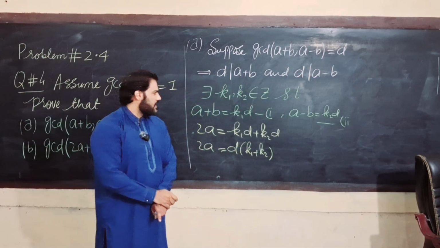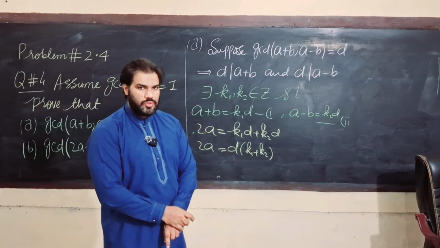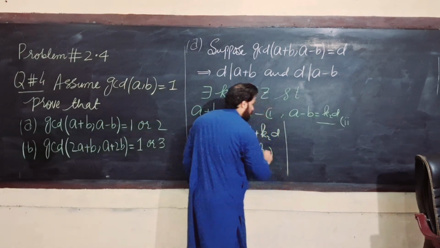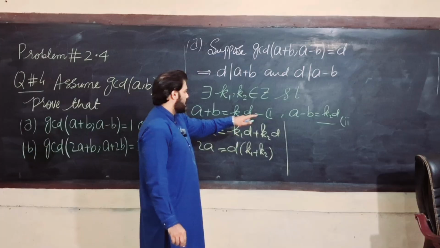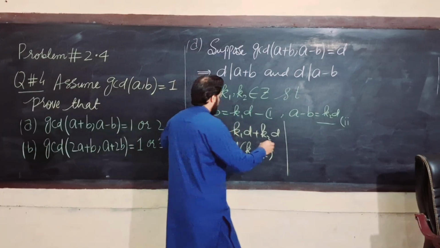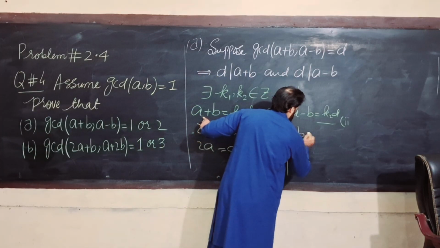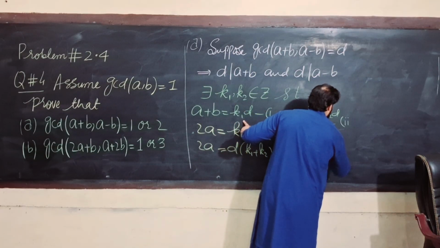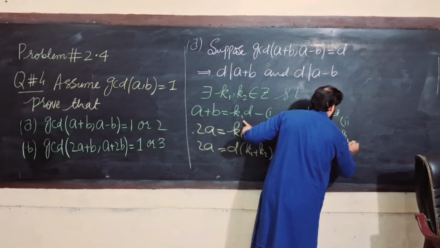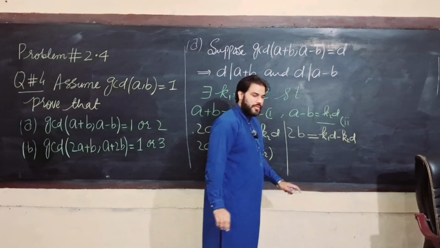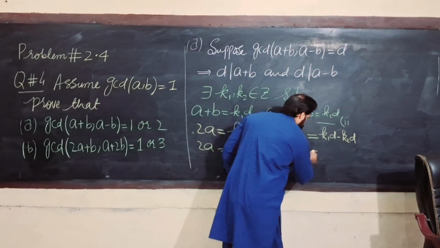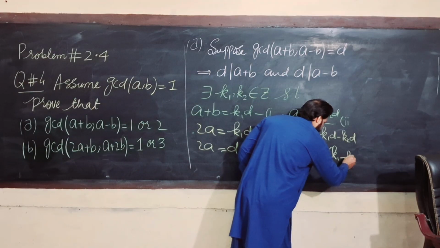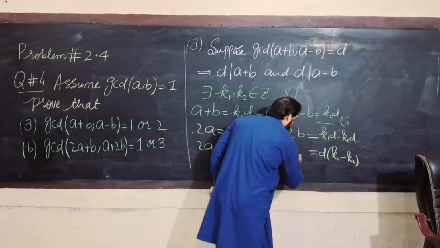Now if I subtract equation number 2 from equation number 1, we can obtain the value of B. Subtracting 2 from 1, we have 2B is equal to k1D minus k2D. Taking D as a common factor, this becomes D times (k1 minus k2), which is 2 times B.